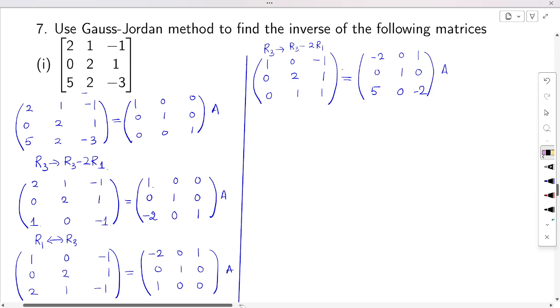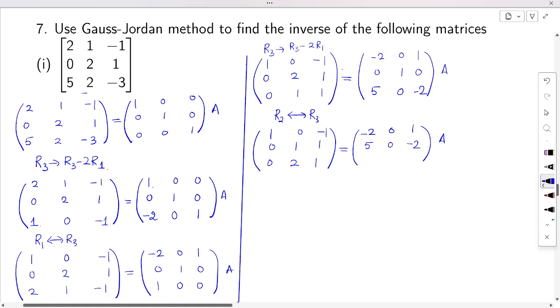Now interchange row 2 and row 3. 1, 0, minus 1, 0, 1, 1, 0, 2, 1. Minus 2, 0, 1, 5, 0, minus 2, 0, 1, 0.